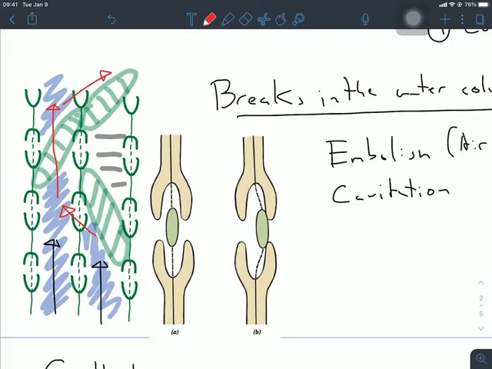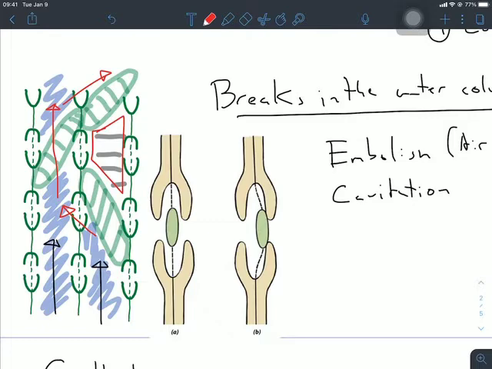Now, because of these pit pairs, this air bubble will be contained within that single vessel element. And that's the main goal of the pit pairs and the perforated plates. If a break occurs, it only takes over one part of the water column. It does not damage or interrupt the whole system.